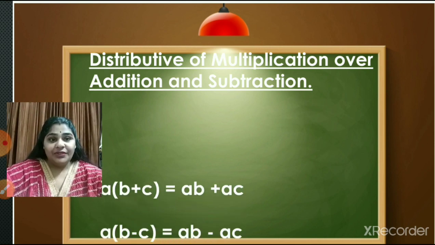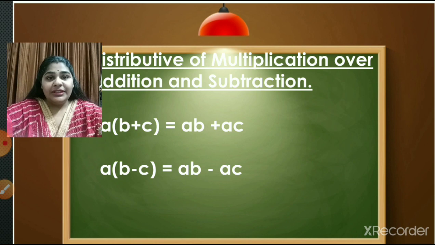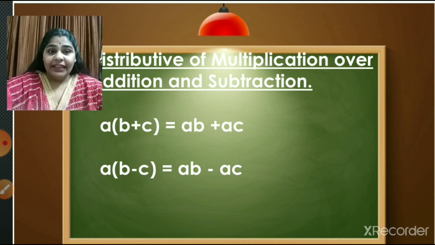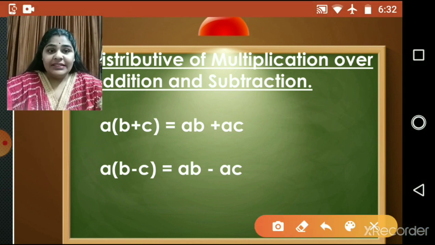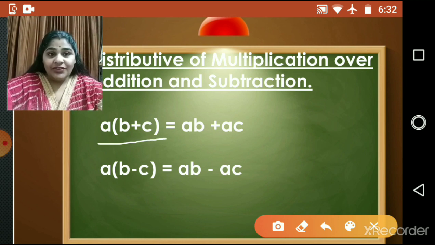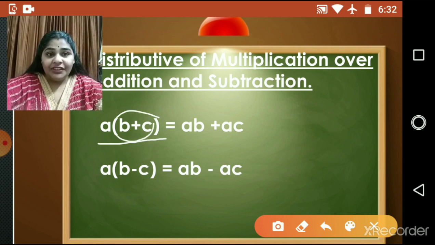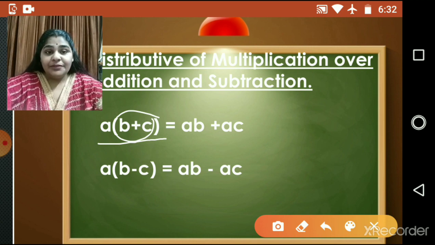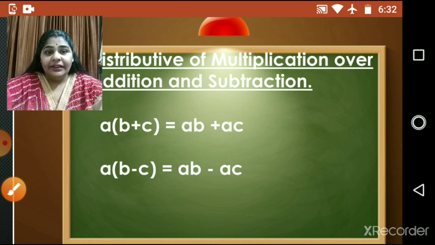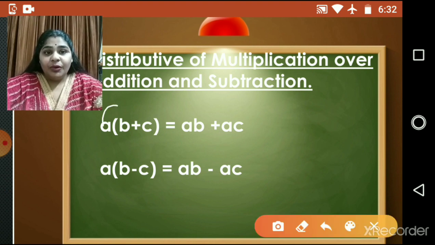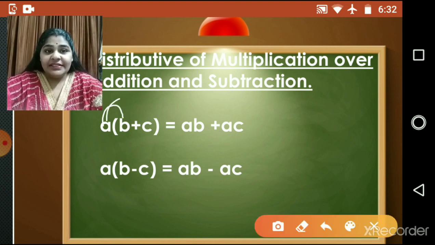So this is very important, children. Now you can see here, it is a multiplied by b plus c. Okay, so in the bracket it is addition of two rational numbers, and a is multiplied to both. That means a is multiplied to both the rational numbers inside the bracket.